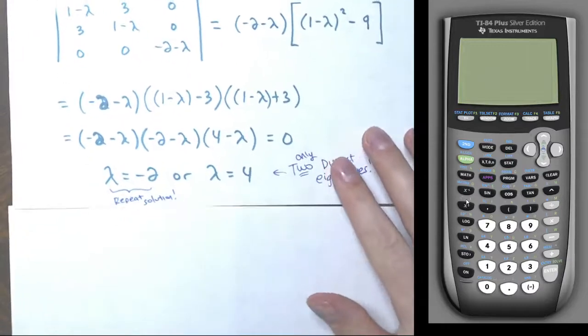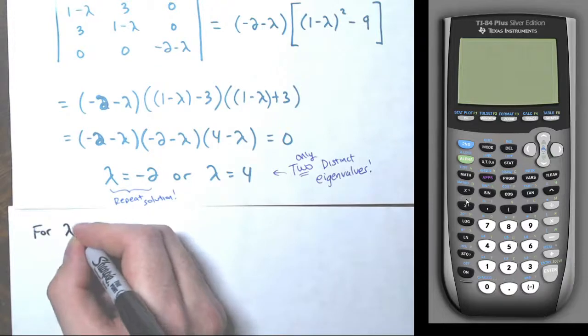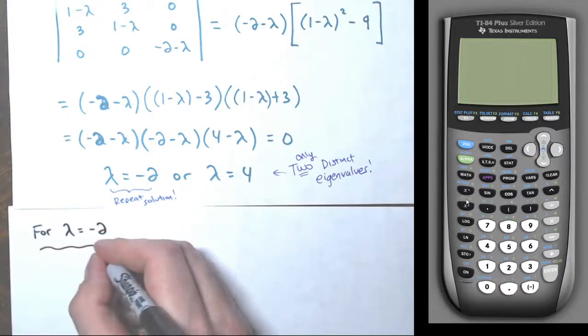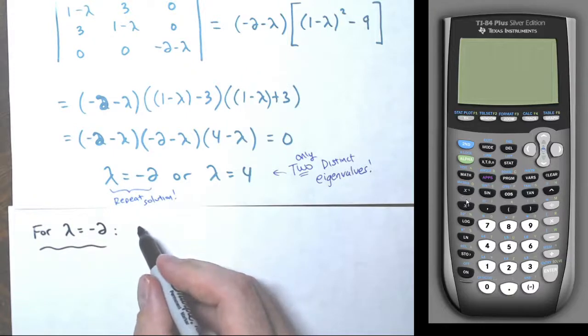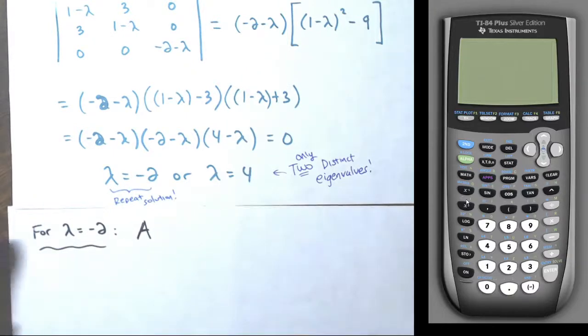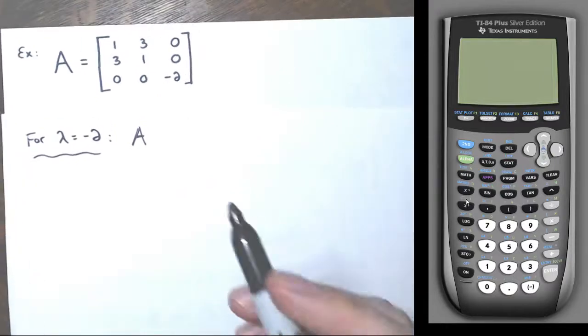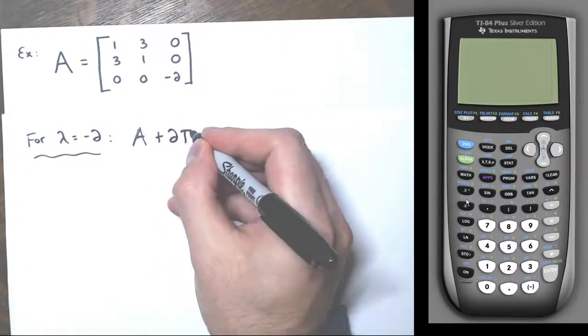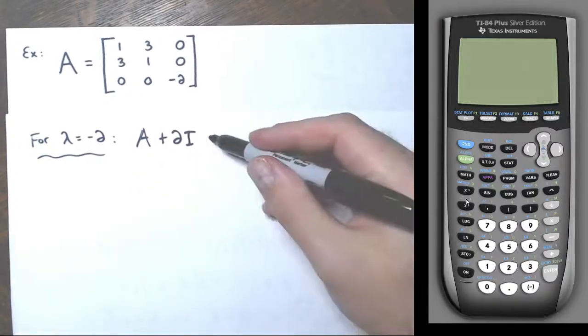So for lambda equals -2, we'll try to find some eigenvectors. I'll start with the repeat solutions. So I'm trying to solve A minus lambda I times x equals the 0 vector. So A plus 2I is the matrix I'm focusing on, times x equals a 0 vector.